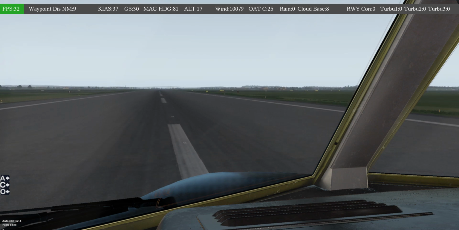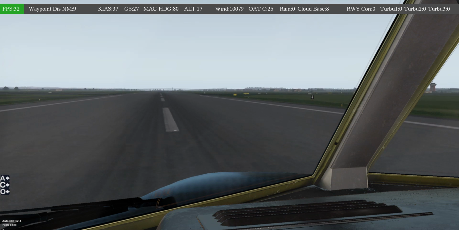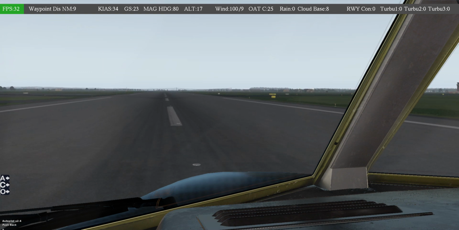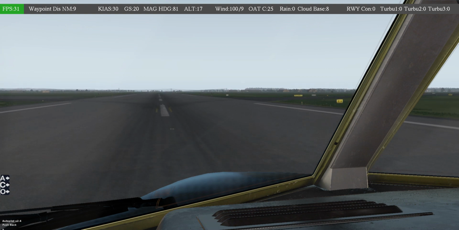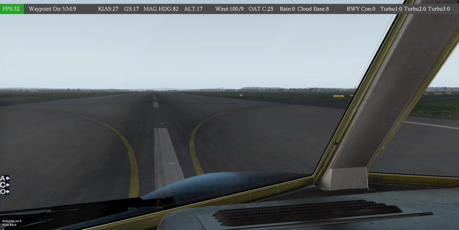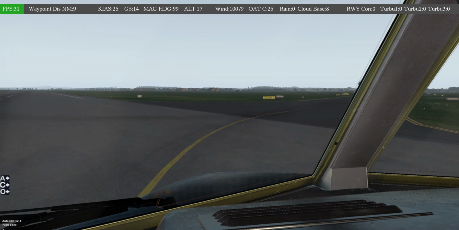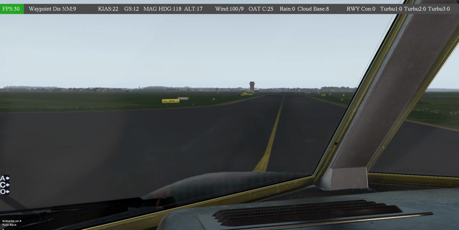You can really brake the aircraft. So that's nice. Okay, and we have arrived at Aalborg Airport. Now we can taxi into the civil apron, as you can see.